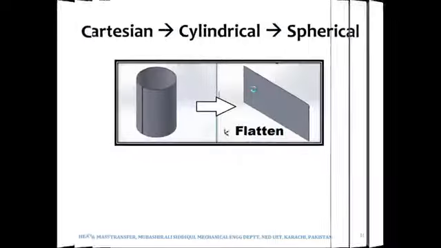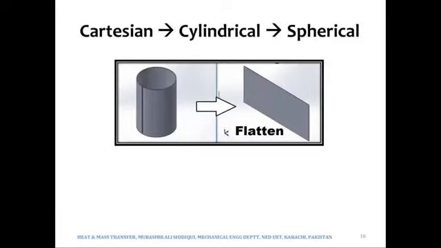Now the last thing before we end our discussion of the three coordinate systems and start solving the numericals. This figure would be familiar to you. If you cut a cylinder, it becomes a flat surface. A flat surface means we are talking about the Cartesian coordinate system.